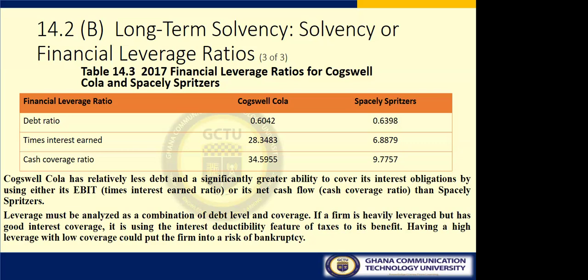Okay, so let me add this to what you are saying. The debt ratio of 0.6042 means that Cowell Cola finances the business using debt of 60.42%. And Spacely is financing the business activities with debt financing of 63.98%.